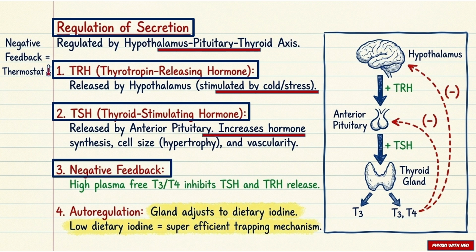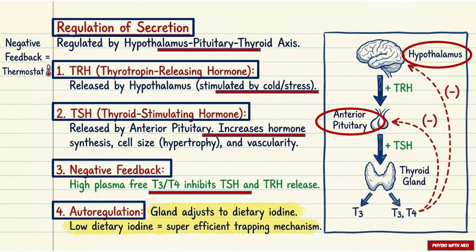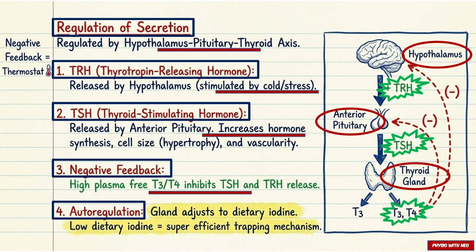Now, these high plasma levels of T3 and T4 produce a negative feedback effect on the anterior pituitary gland and hypothalamus through TSH and TRH release. And finally, there is autoregulation. That is, the gland adjusts to the dietary iodine. Whenever there is low dietary iodine, it produces a super efficient trapping mechanism. Remember three important stages: hypothalamus, anterior pituitary, and thyroid gland, and their respective hormones TRH, TSH, and T3 and T4.